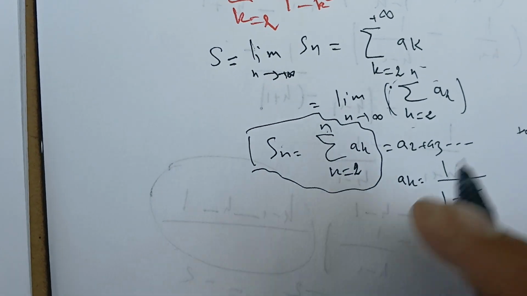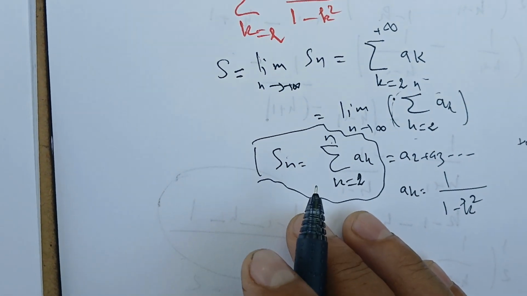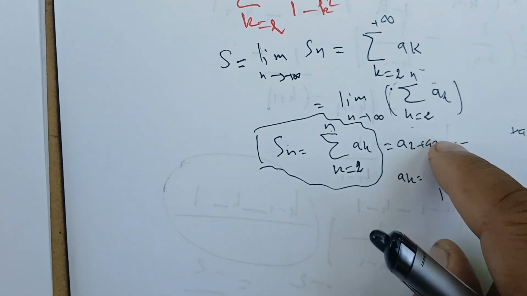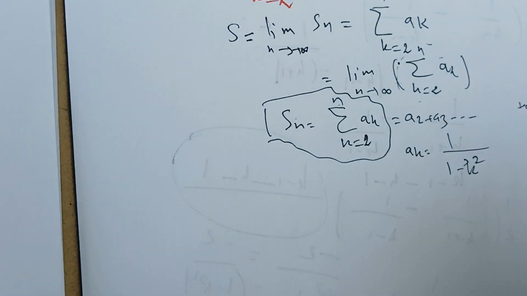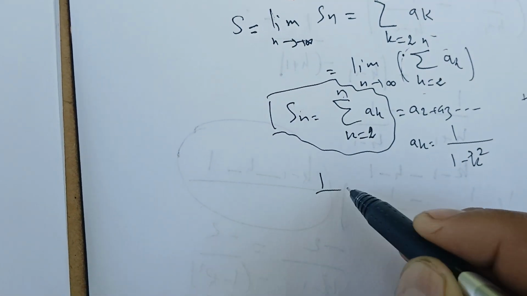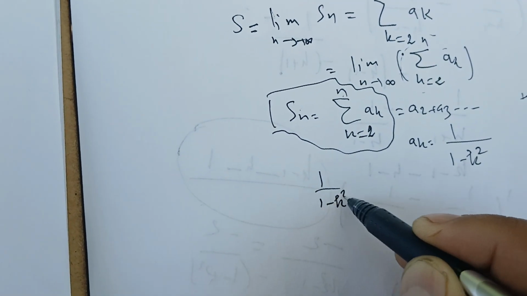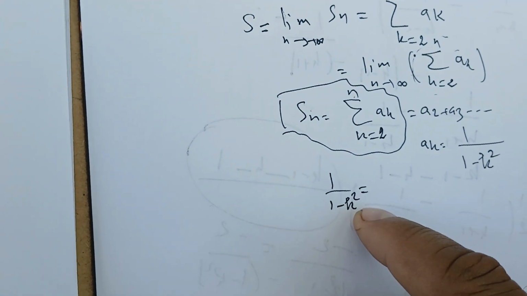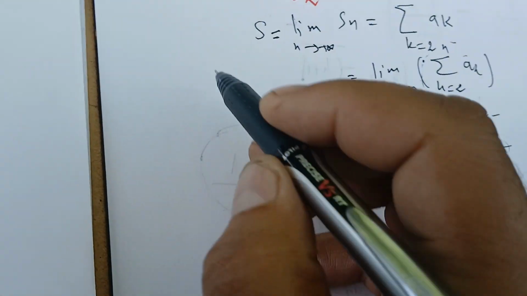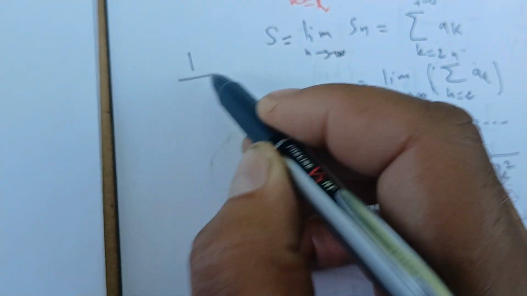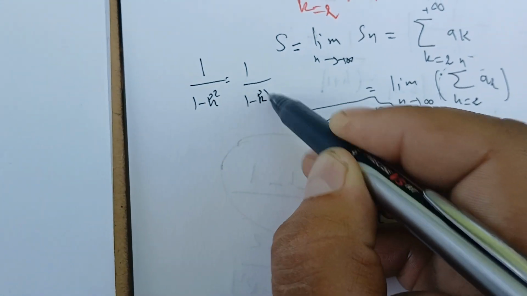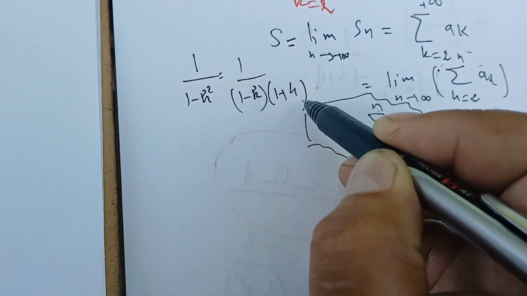Sometimes it's very helpful to decompose this one, and in our case, we're going to decompose this one into partial fractions. So let me do it here. 1 over 1 minus k squared. Think of it as 1 over 1 minus x squared, because 1 over 1 minus k squared can be written as 1 over (1 minus k) times (1 plus k).